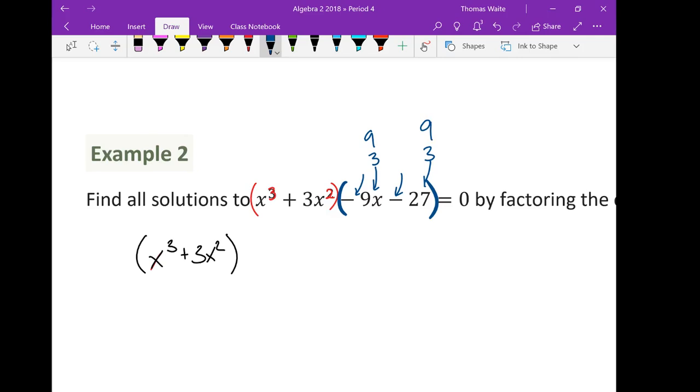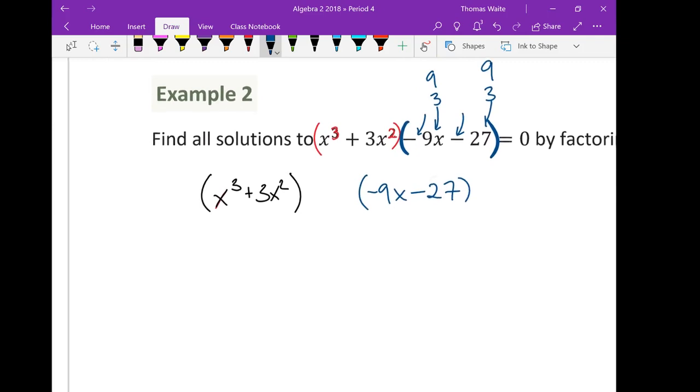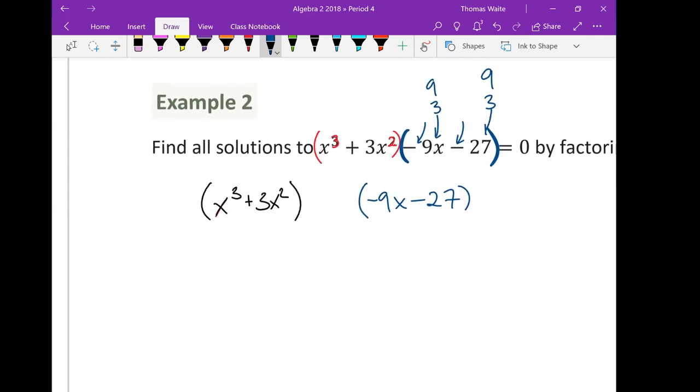We'll come back to what their exact common factor is in a second. So I'm going to rewrite them as a separate group over here, 9x minus 27. All right. So we've taken our terms and decided that these should be in groups because they have factors in common. Hopefully we can pull out those factors and get something that helps us simplify it further.